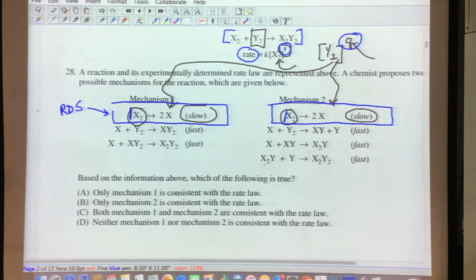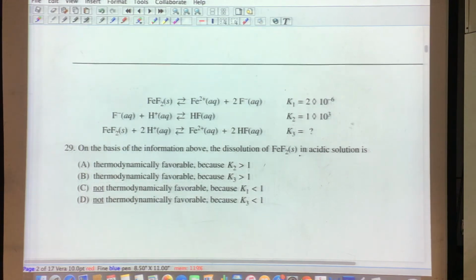Both of these are applicable. We can't know definitely which one, but we can definitely say that both are possible. So both mechanisms 1 and 2 are consistent with the rate law. Why? Because the slowest step has the coefficient of 1, and the y2 is not in the slowest rate determining step.